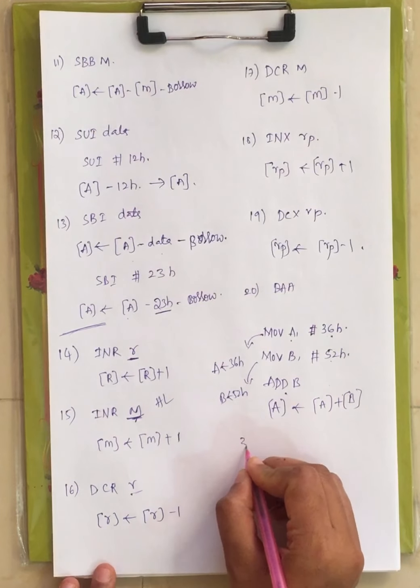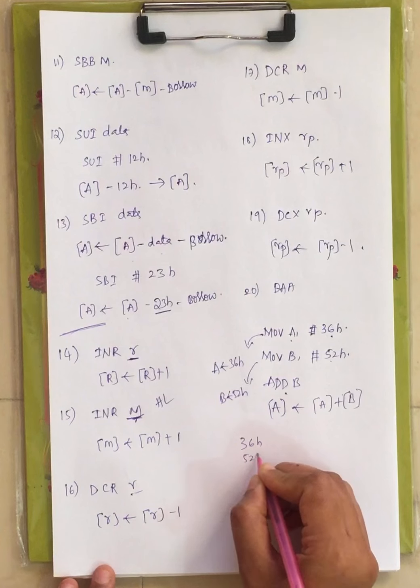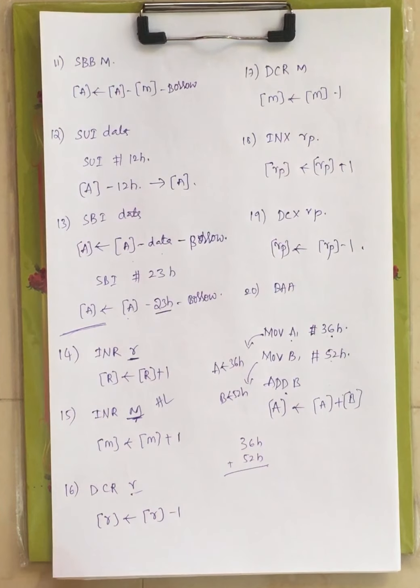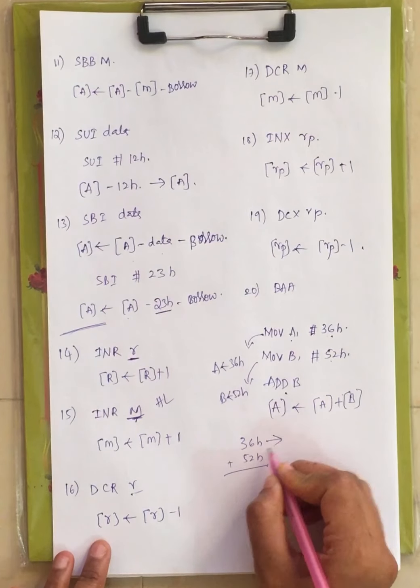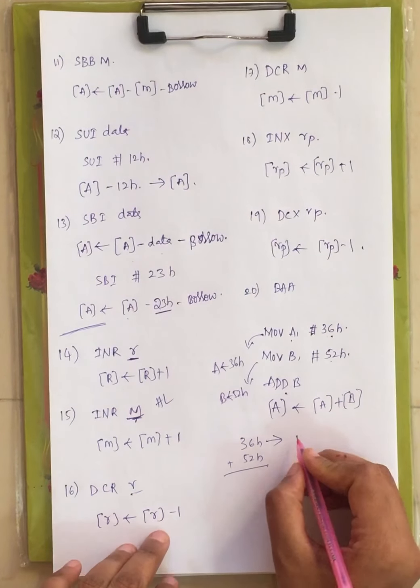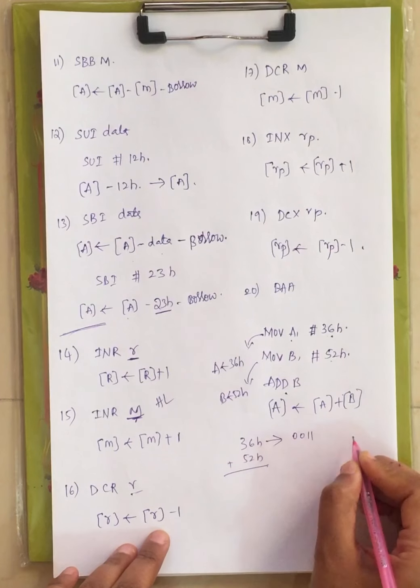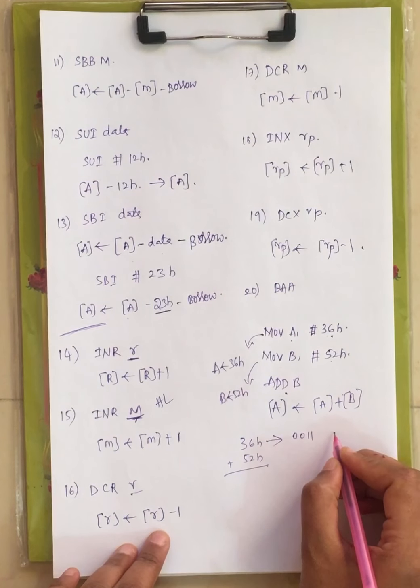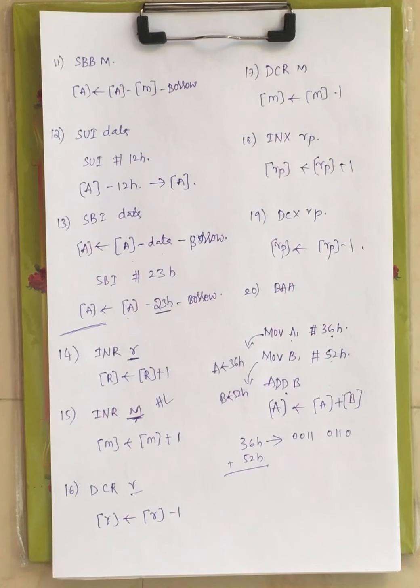Now we have to add 36H with 52H. In which format is this? Hexadecimal format. First convert hexadecimal to binary form. You have to represent every hexadecimal digit with 4-bit binary. Now 3 is 0011 and 6 is 0110.